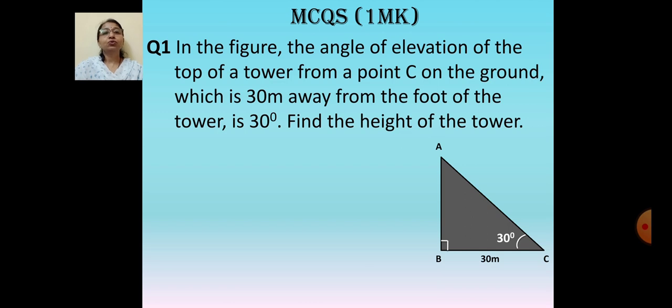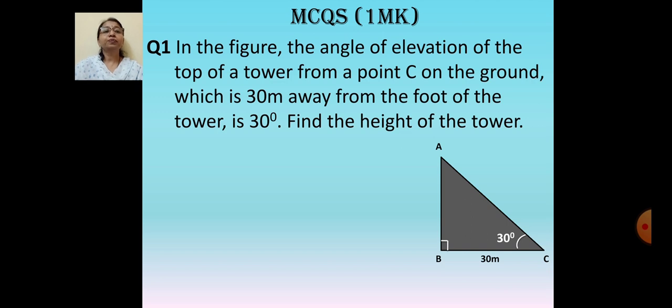So you draw diagram. Here AB will represent your tower. Point C is the observer, suppose. So the angle made by this AC line of vision with the horizontal, this angle is 30 degree, and that observer is 30 meter away from the foot of the tower.